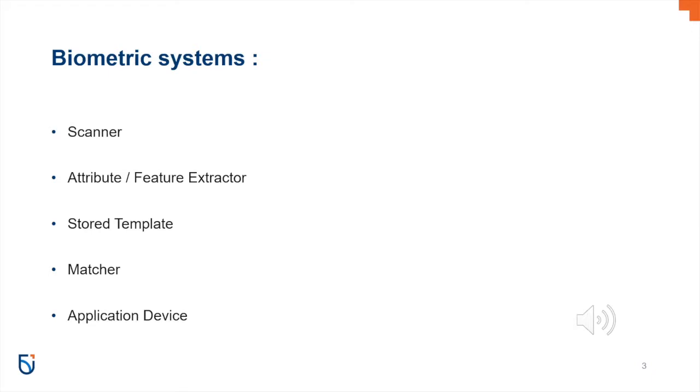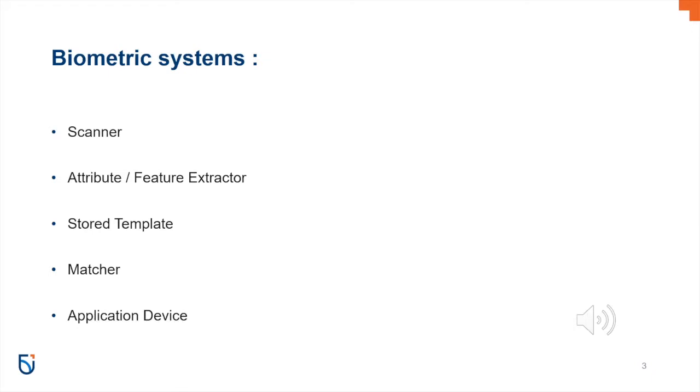Feature extraction is a module in a biometric system which operates on the signal sent by the scanner module to extract a feature set, let's say set A, that represents the given signal. The extracted feature set A is sent to the matcher for processing.